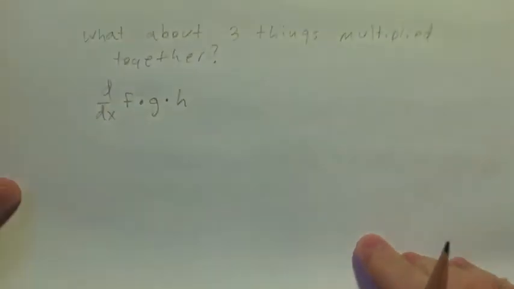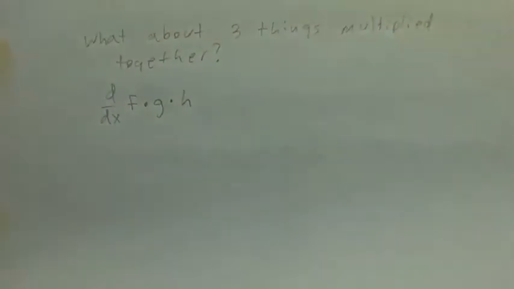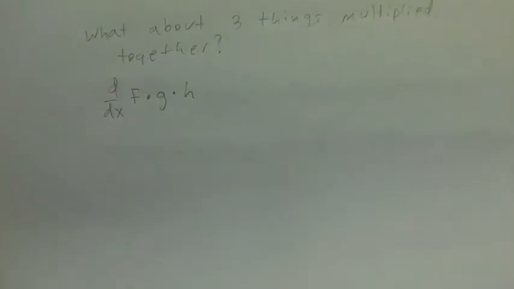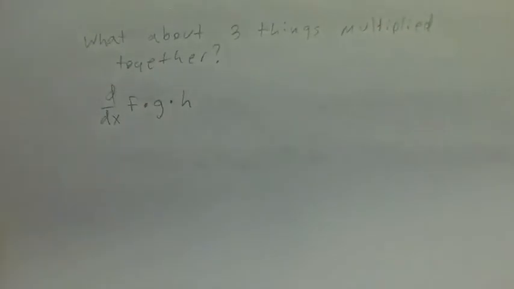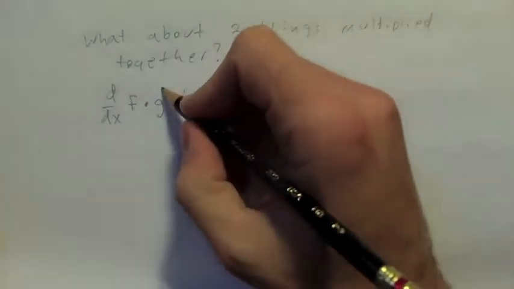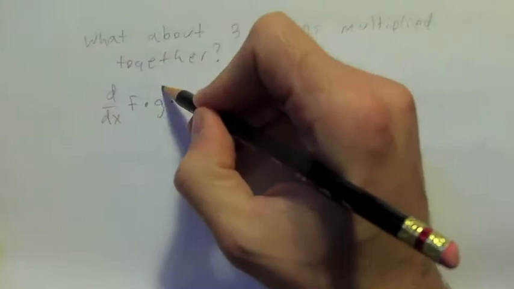Okay, I get this question a lot, this next question here. So what about if I have three things multiplied together? A pretty common question. So I have an f times a g times an h. So what you do here is you collect two of them and make that the first guy.